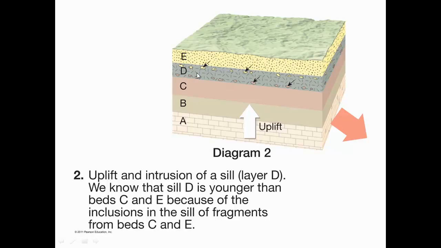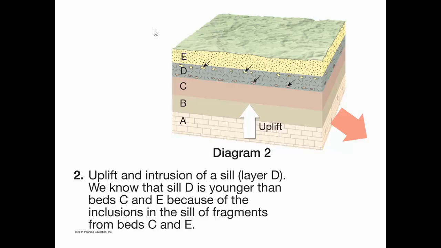Now notice that sill D contains inclusions of overlying sedimentary rock E, and the sill also contains inclusions of the underlying sedimentary rock C. And as a result, we know that D has to be younger than both overlying unit E and underlying unit C, because it contains inclusions of both of these rocks.